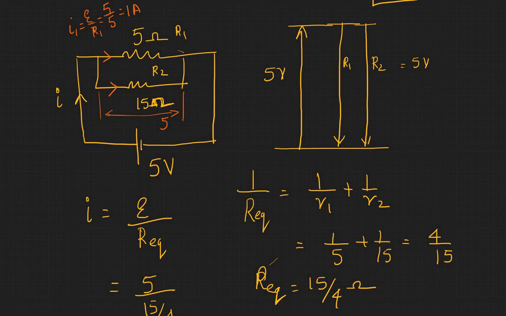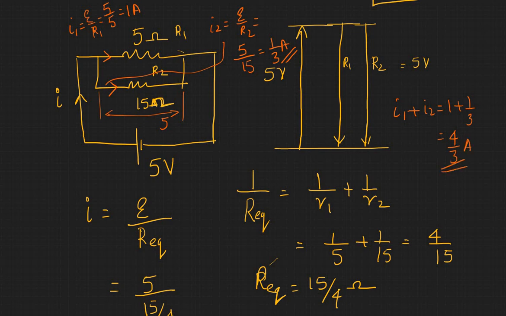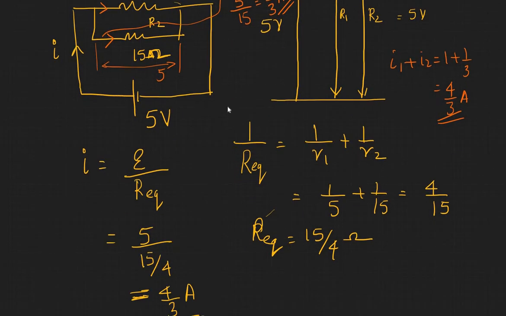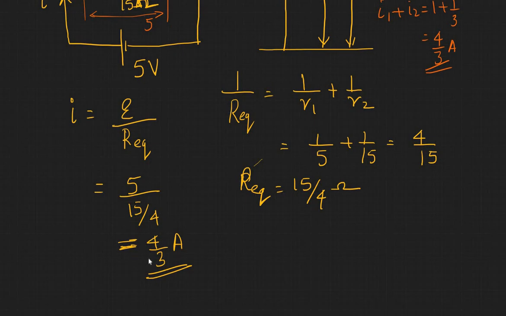And through this, I2 will be equal to E by R2. That's equal to 5 by 15, that's 1 by 3 amperes. And what is interesting is, if you add I1 plus I2, that's equal to 1 plus 1 by 3, that is 4 by 3 amperes. That's exactly what you got by the earlier calculation.